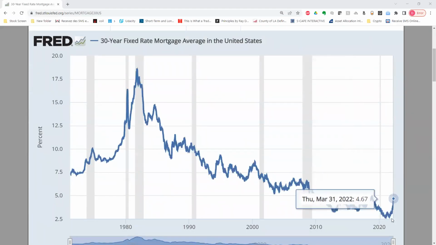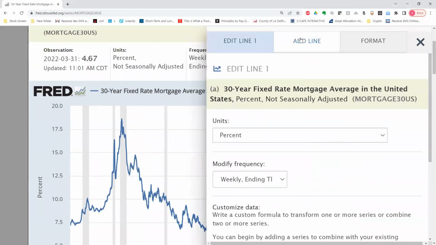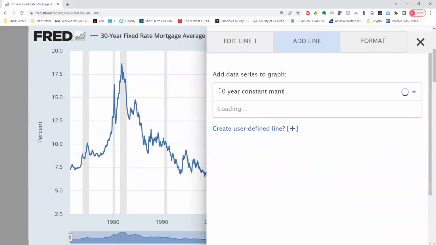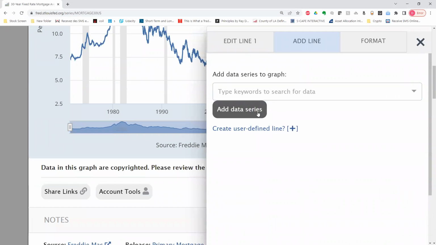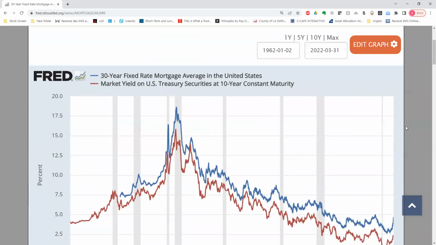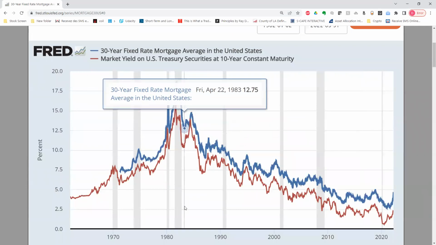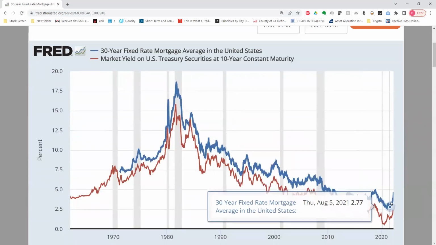Yes. Cool. So this mortgage rate is going to be highly linked to the 10-year constant maturity. See that? So what's happening here is the mortgage rate was at a low in the summer of last year, and they've spiked quite a bit.